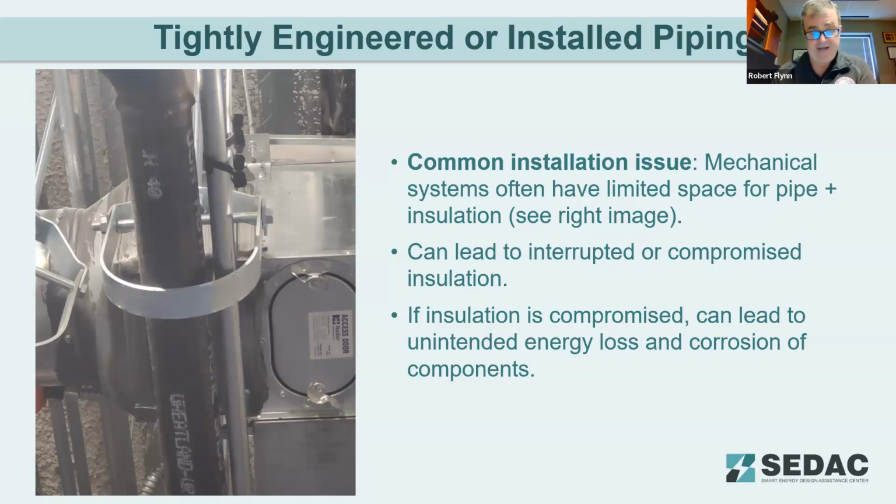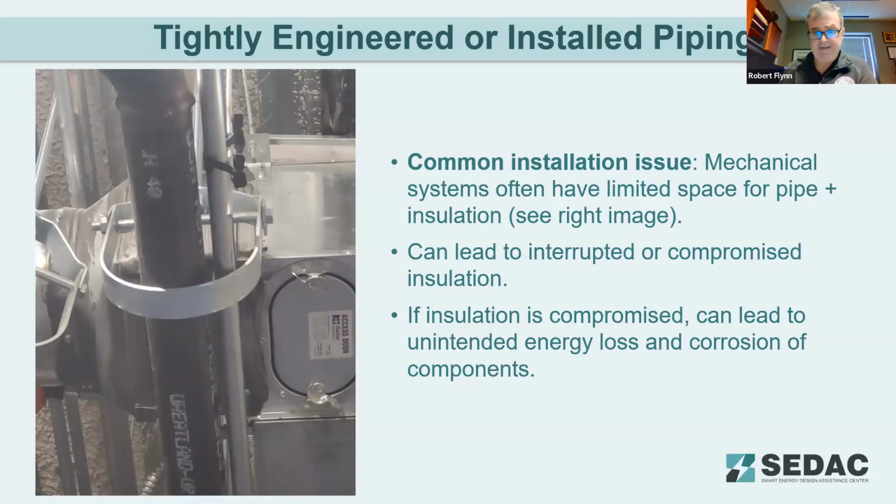They'd all have to have their separate spots, and either piping would have to be moved or something would have to be adjusted. So one of the things that we see on these jobs are a little bit of engineering issues, and that's what we're going to talk about now. Common installation issues: mechanical systems often have limited space for piping and insulation.